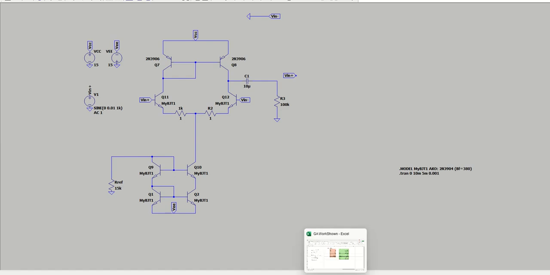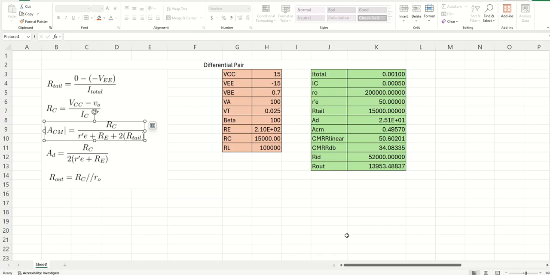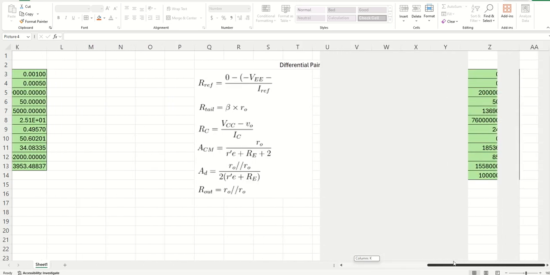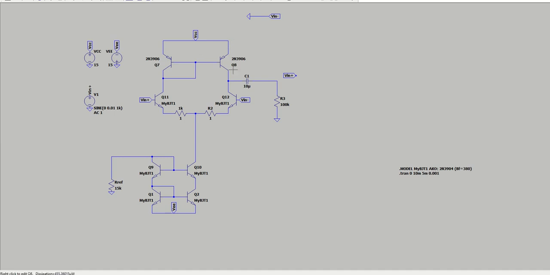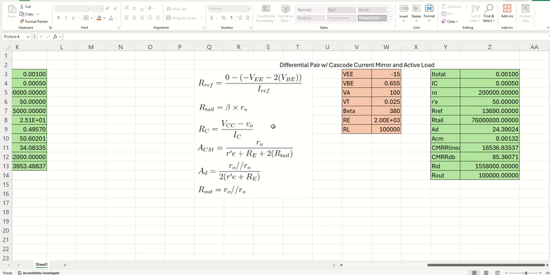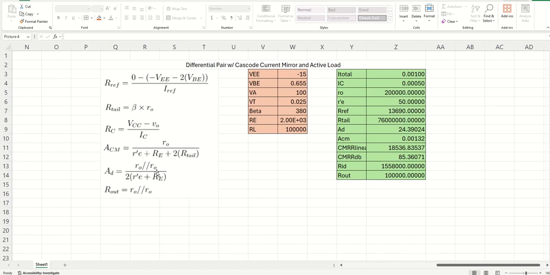Okay, so what's different in the calculations? Well, we can see in the schematic that there's no RC anymore. So looking at a few of the formulas that you need, these are not all the formulas you need for this lab, but these are just a few that I wanted to point out.